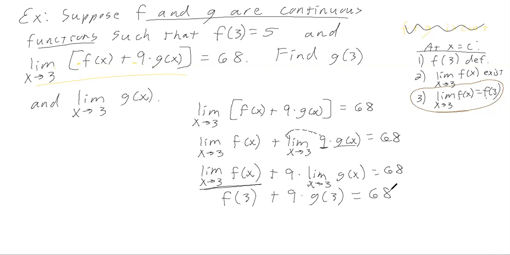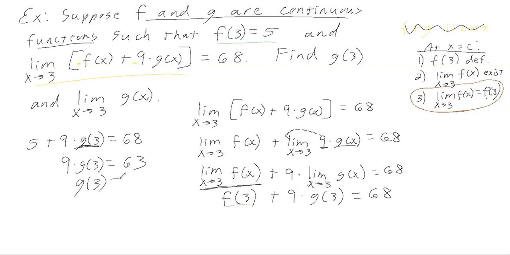Well, what did they tell us up in the problem? Told us up in the problem that f of 3 is 5. So for f of 3 here, I'm going to sub in 5. So I'm going to have 5 plus 9 times g of 3 is equal to 68. Well, just solve for g of 3. So it's 9 times g of 3 is equal to 63.